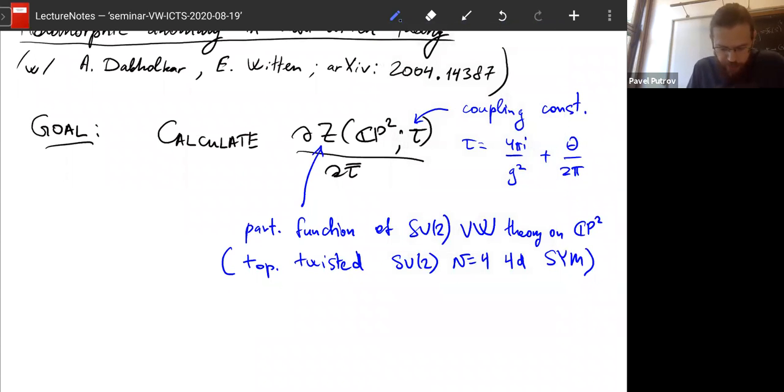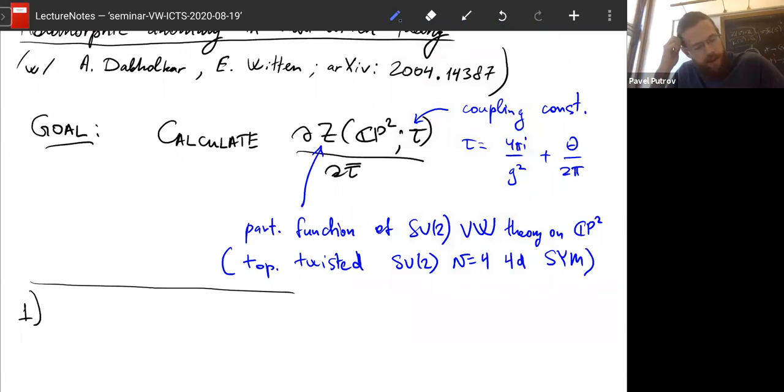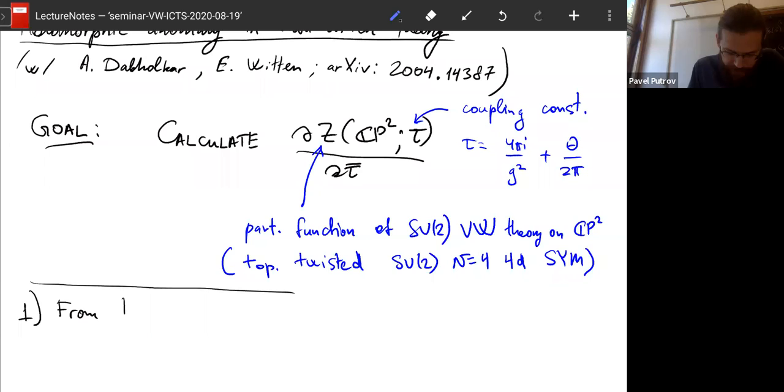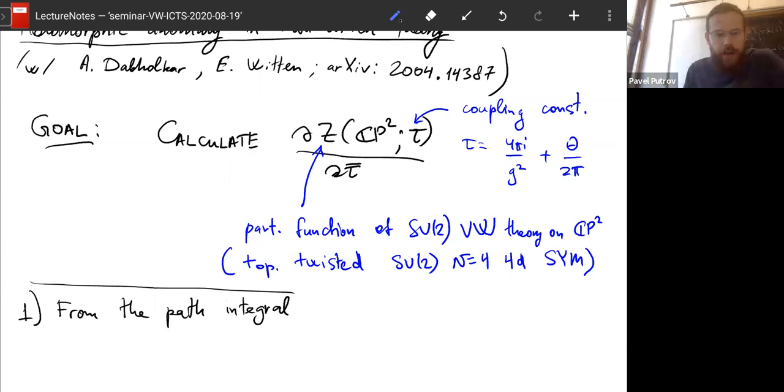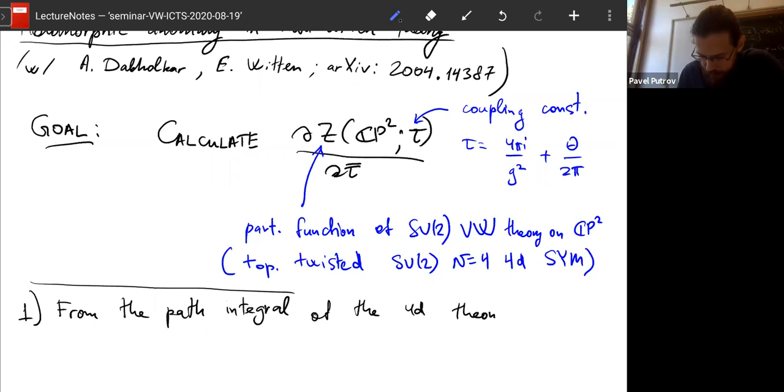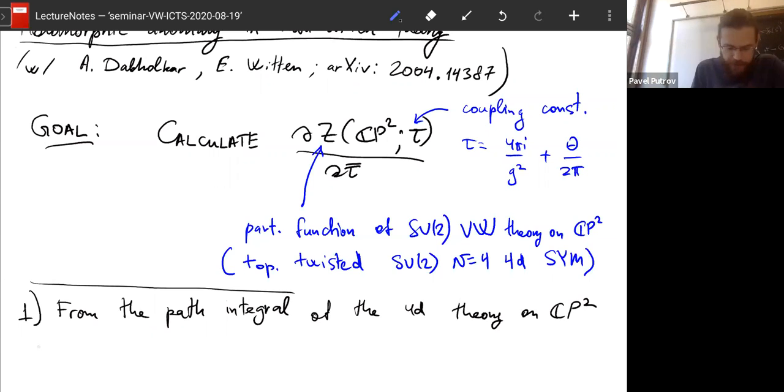And by calculation here, I mean the following. We want to consider two ways to calculate this. First is the most direct: calculate from the path integral of the four-dimensional theory on CP2.